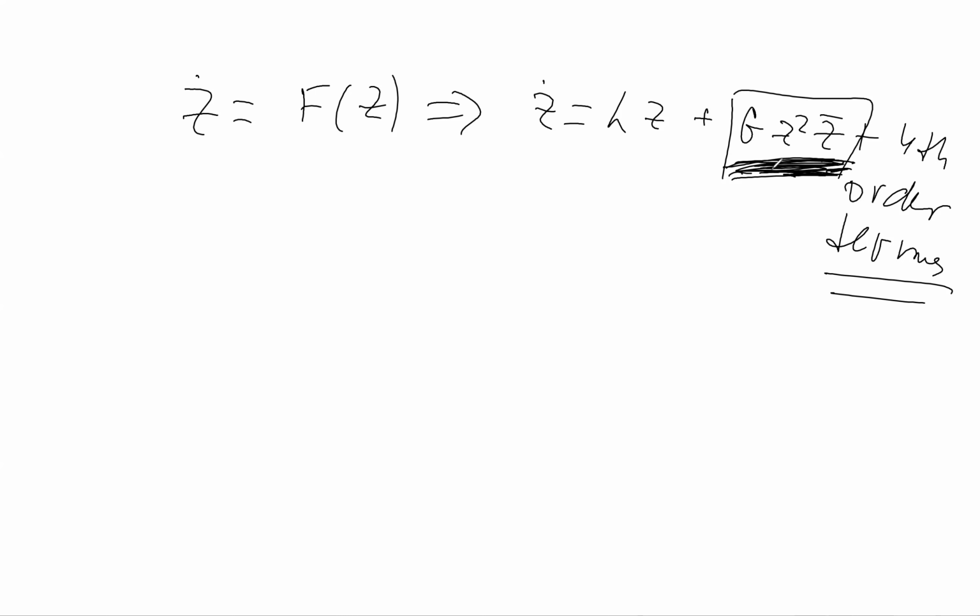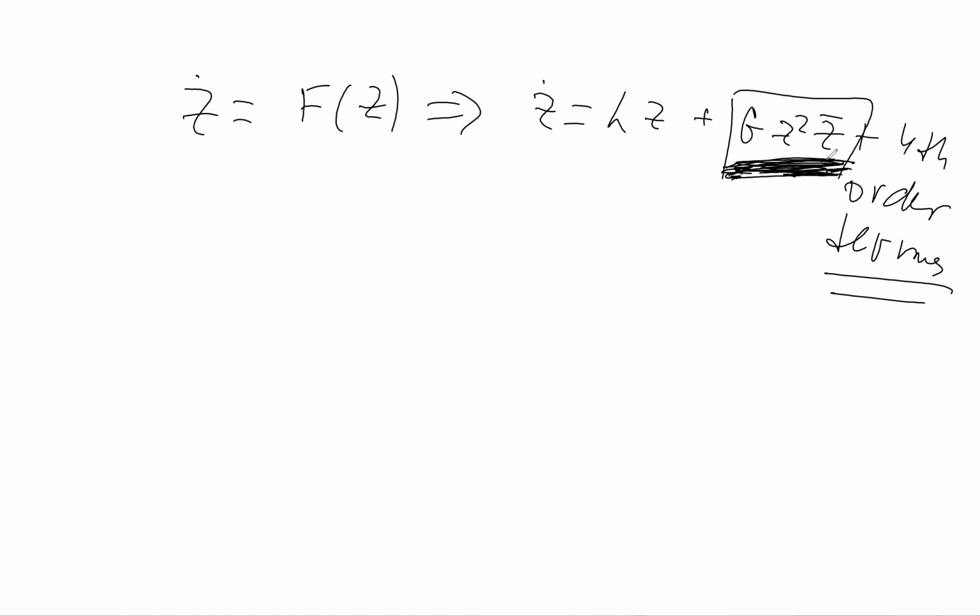Anyway, there are cases when this term doesn't appear, and these are degenerate cases when we don't have a limit cycle. But if after all these changes of variables we get this term, and it is non-zero, then we have the non-degenerate case when we will have a limit cycle.